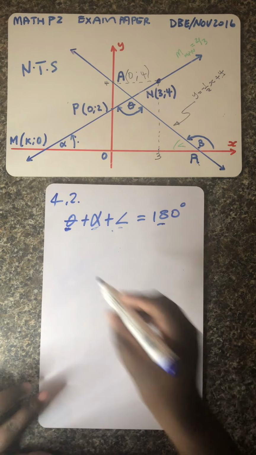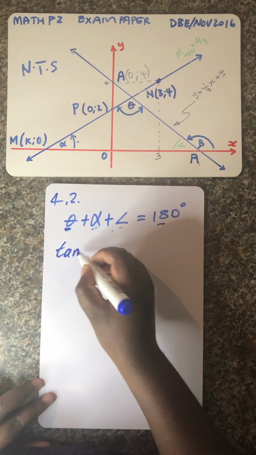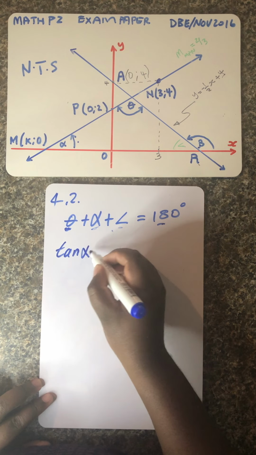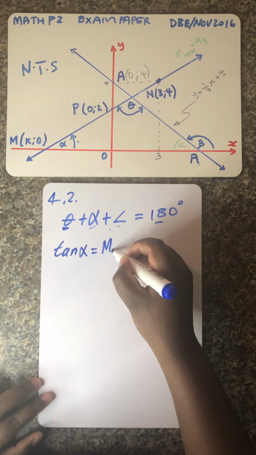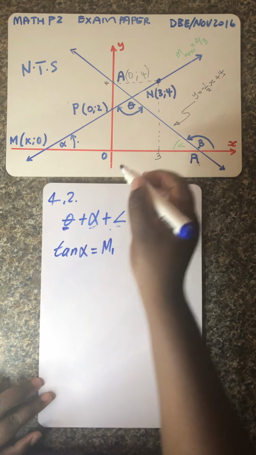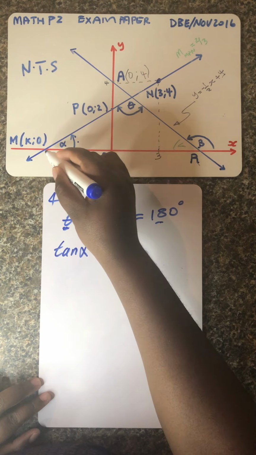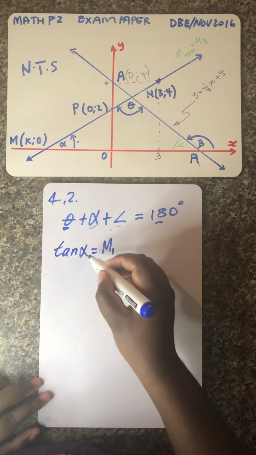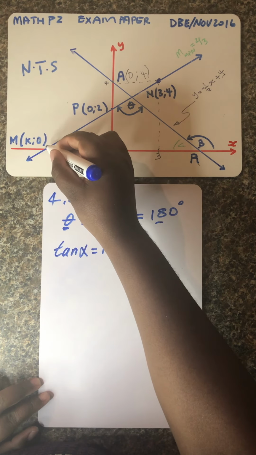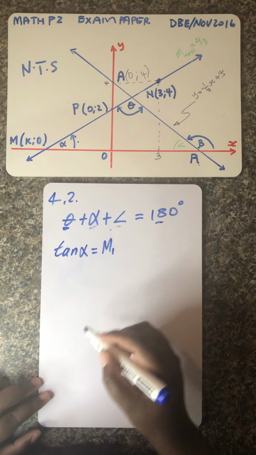Obviously you know that tan theta is equal to the gradient of PN or MP. Remember, these are collinear points, so whether you equate tan theta to point MP or point PN, it's one and the same thing.